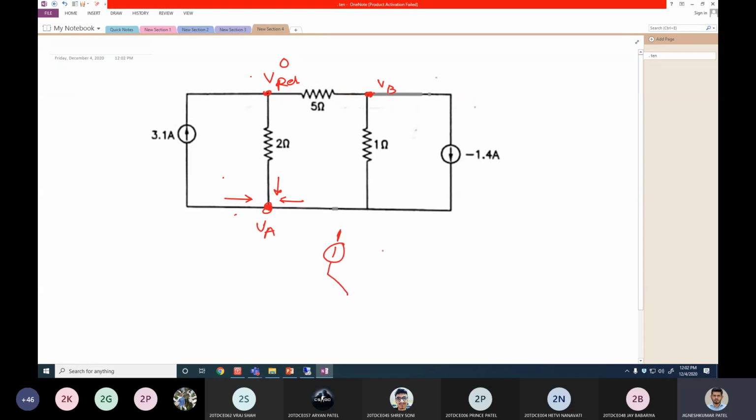So this is my first line, this is my second line, this is my third line, and this is my fourth line. I'm redrawing it over here.